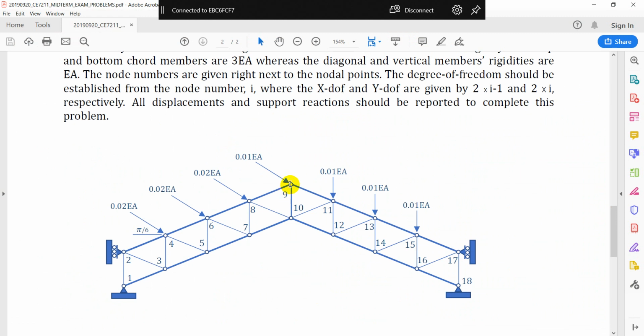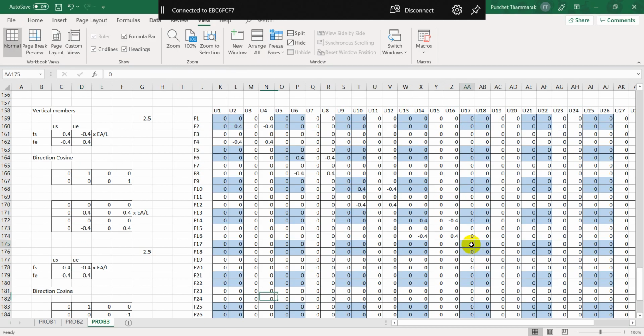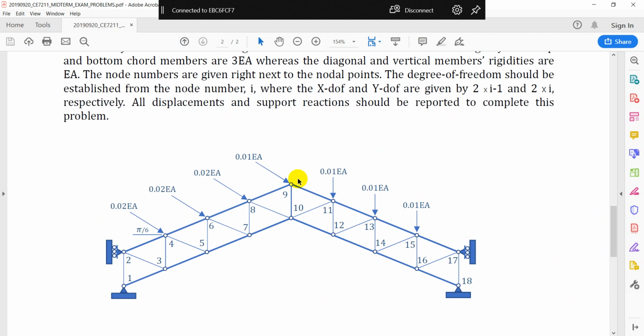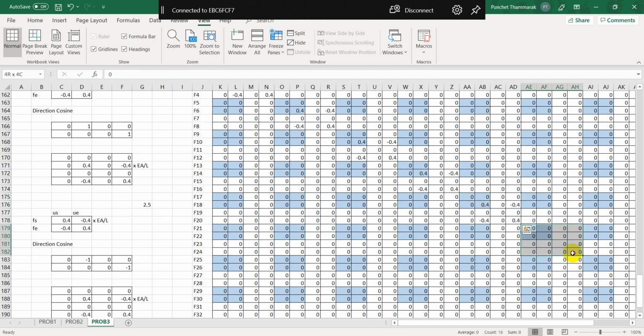So 17, 18, 19, 20. You just want a copy? This one is okay. 17, 18, 19, 20, 21, 22, 23, 24. It's the same, so I'm just a little sloppy.